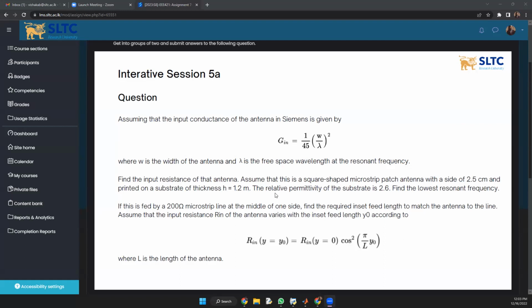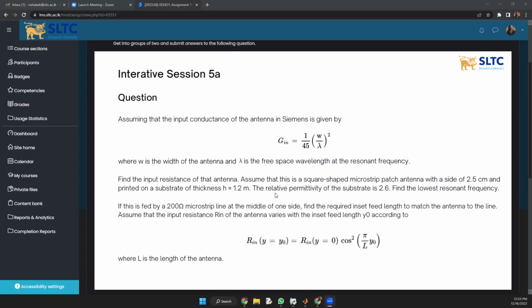Once you know the values of certain parameters like the relative permittivity and the characteristic impedance of the feed line, we can find the value of the inset feed length, which is required to design the antenna such that the feed line is matched to the antenna.